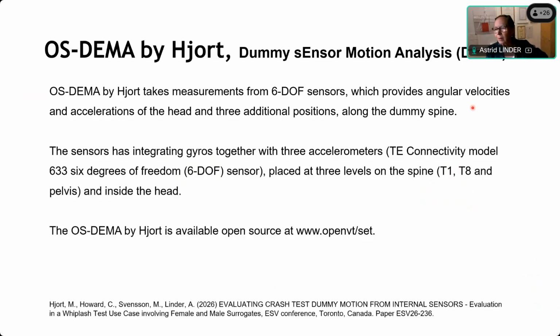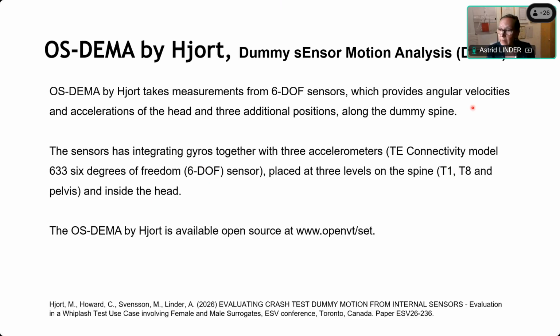And there are some publications in preparation for this, but now I want to share with you what we did with the software. It's called OSDIMA by UT, and will shortly be available on the OpenVT.